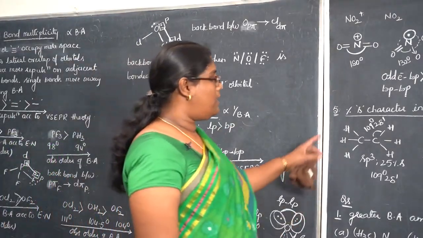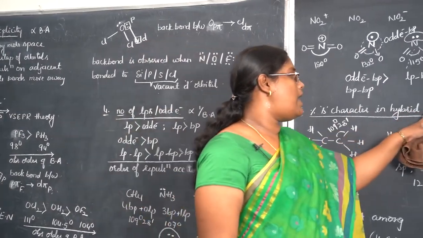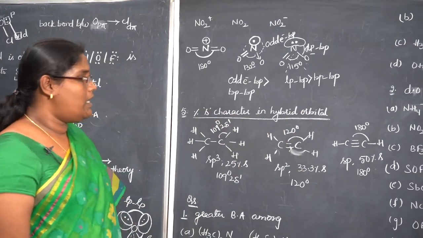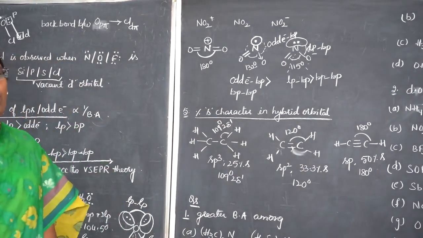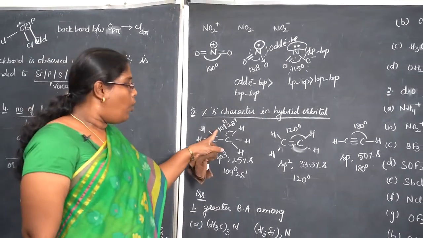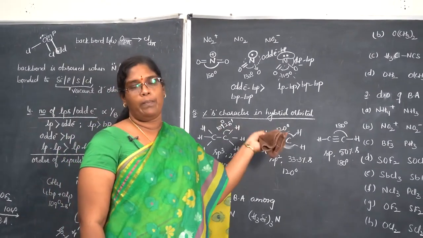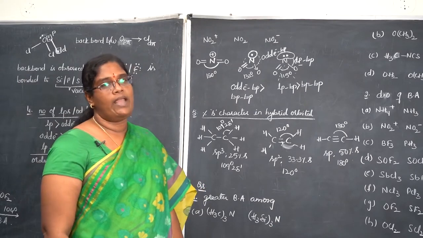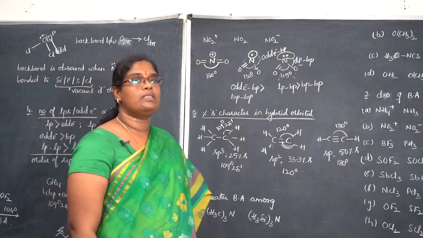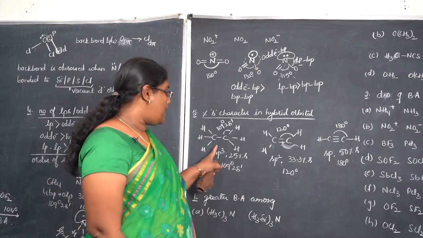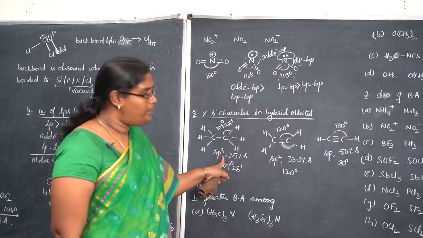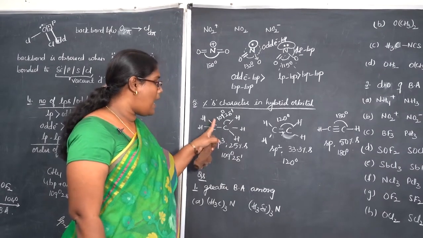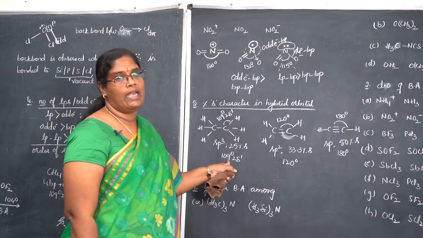And the last factor is percentage S character in the hybrid orbital. When the percentage S character in the hybrid orbital increases, the orientation of hybrid orbitals changes, and that is going to increase the bond angle. If you take sp3 hybridization, it is 25% S character and the bond angle is 109 degrees 28 minutes.